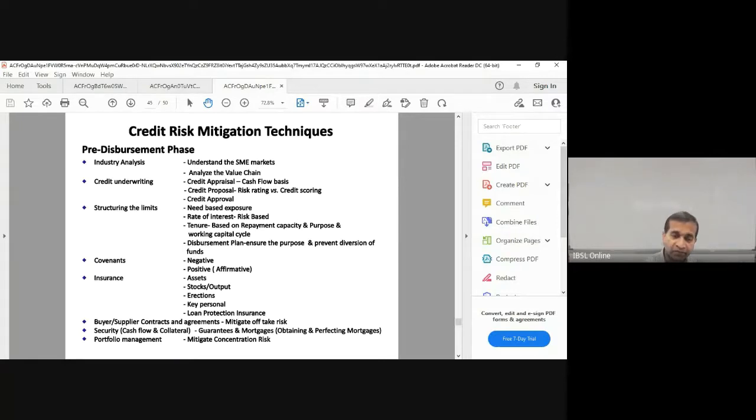And also various other covenants. Negative: you should not borrow from other banks without the concurrence of the bank, because there are chances that the financial leverage or the debt equity ratio might get affected as a result of excessive borrowings. But it happens, it happens.